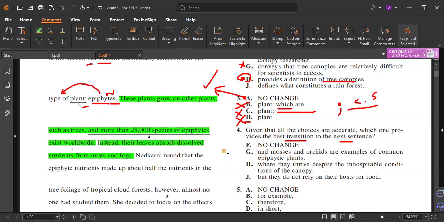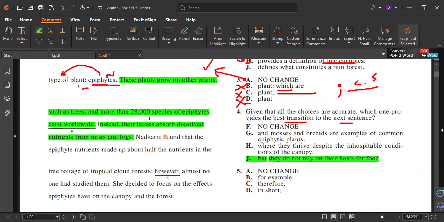So the important information it could tell us is to explain how many species. No, the next one tells that they do not rely on their host for food, but they take their food from mists and fogs. So we're talking about the source of the food. So letter J is related to the content of the following sentence.